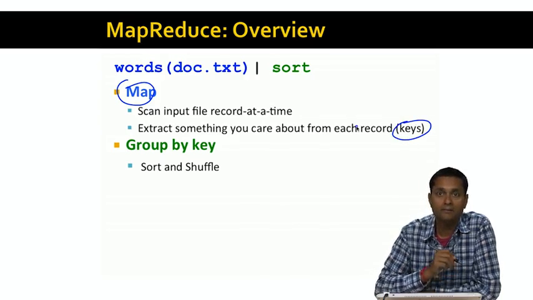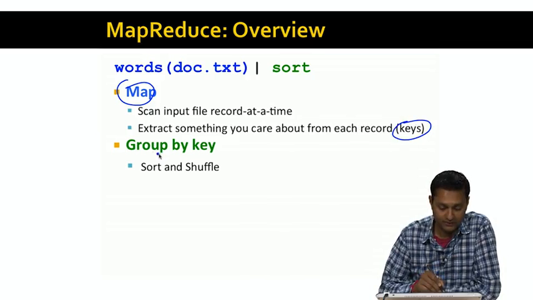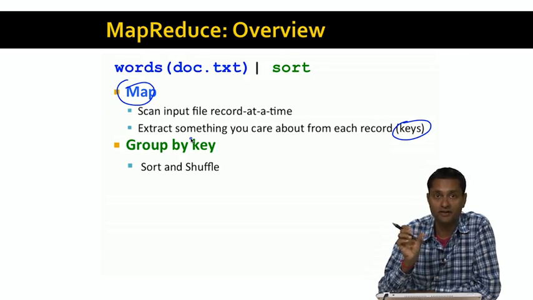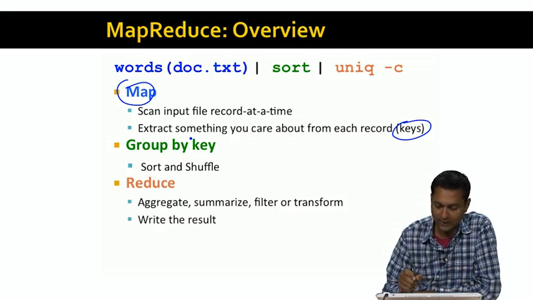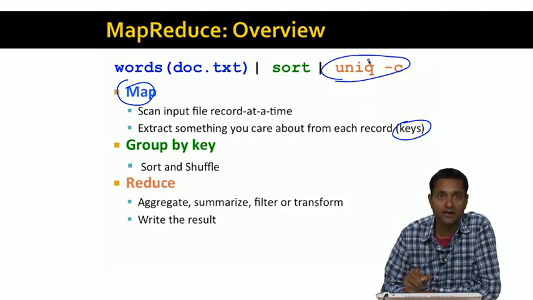Okay? The second step is to group by key. And this is what the sort step was doing. It grouped all the keys with the same value together, right? And the third step is the uniq -c step. That's the reduce piece of MapReduce.